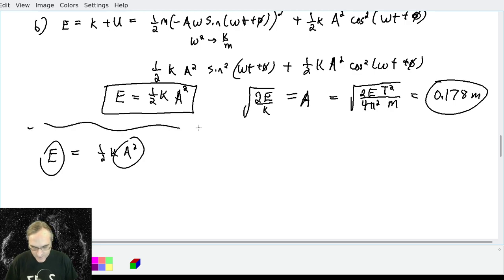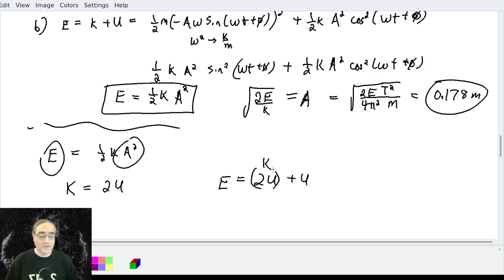And I believe in the homework problem it also talks about a moment when the kinetic energy is equal to twice the potential energy, or possibly vice versa. If that was true, then you'd have to write the total energy as 2 times the potential plus the potential, where this is your kinetic energy represented in terms of potential. Or you could do vice versa. And you could say, well, if the kinetic is twice the potential, then the potential is half the kinetic.